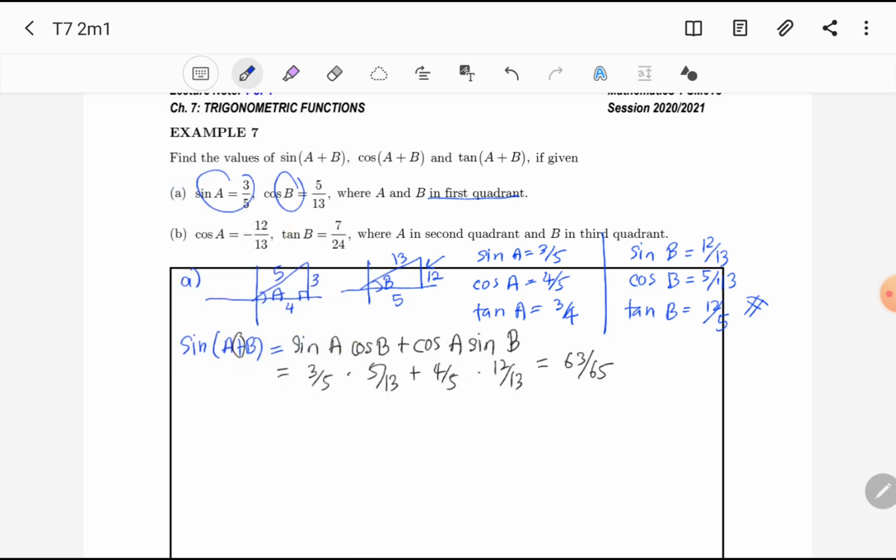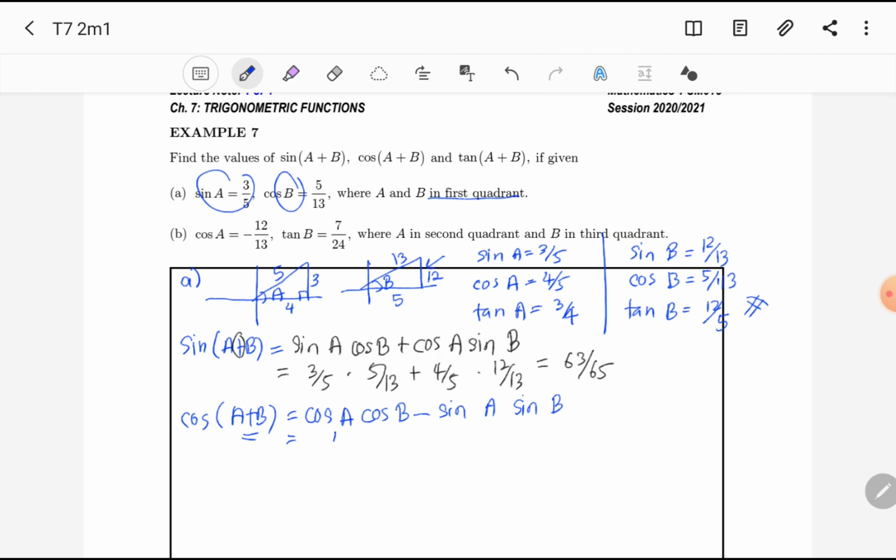Okay, apa yang dia suruh cari? Cos A plus B equals to, okay, tengok formula tadi, atas tadi. Tengok ke atas. Okay, so cos A, cos B. Soalan dia plus. So, dia akan jadi, very good, minus sin A, sin B. Okay, we substitute.